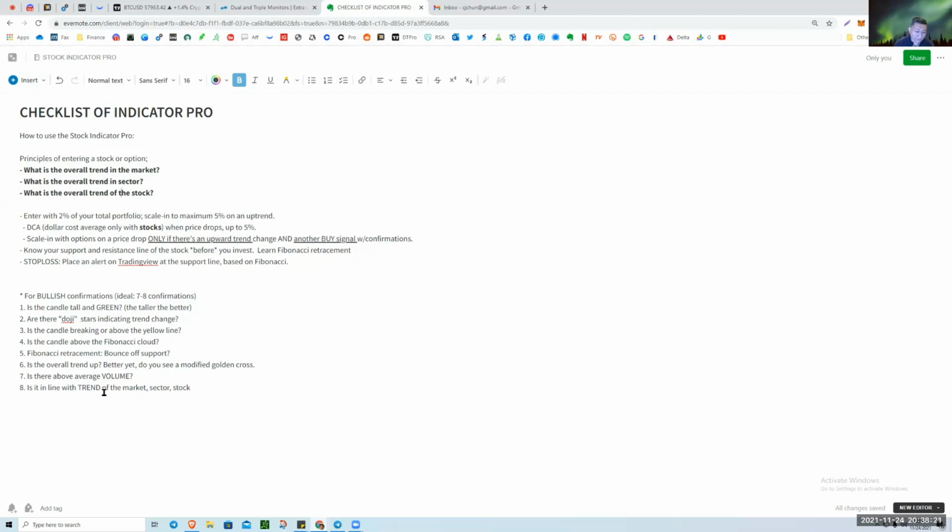So if the trend of the market and the sector is going against the stock that you're looking at, actually, this is correct, okay? If it's going against the flow, you have to be really careful about it and go in knowing that it's a very risky trade, because you're going against the flow.